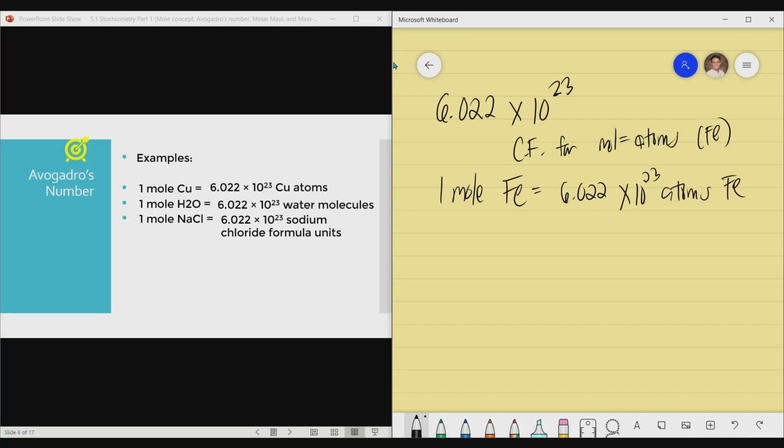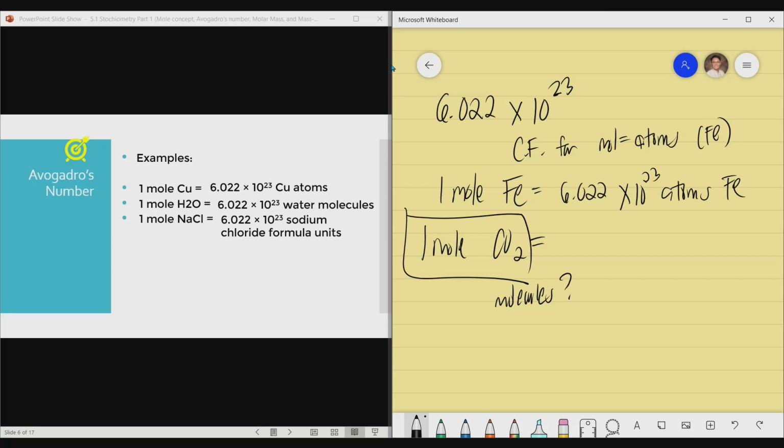Now what about 1 mole of carbon dioxide? How many molecules are there in 1 mole of carbon dioxide? Knowing Avogadro's number concept and mole concept, we know that in 1 mole of carbon dioxide, there's going to be 6.022 times 10 raised to 23 molecules.